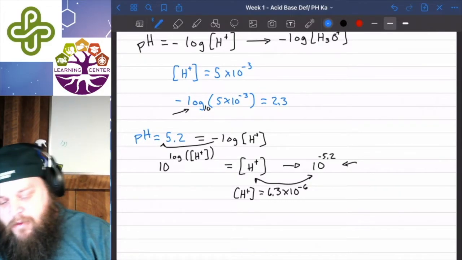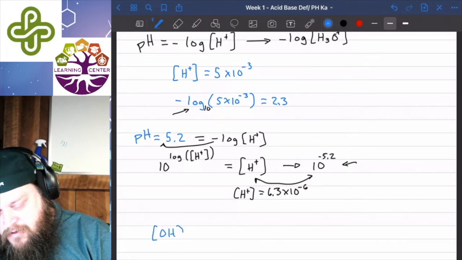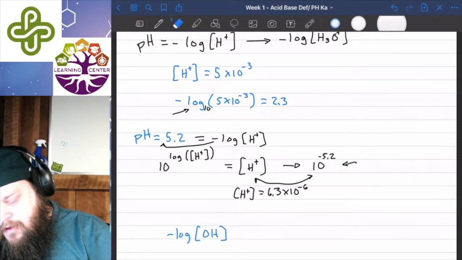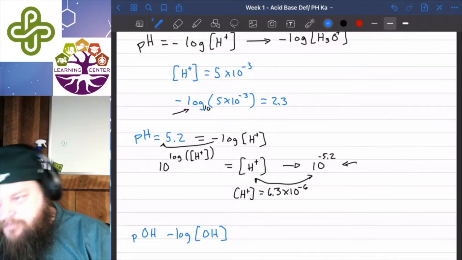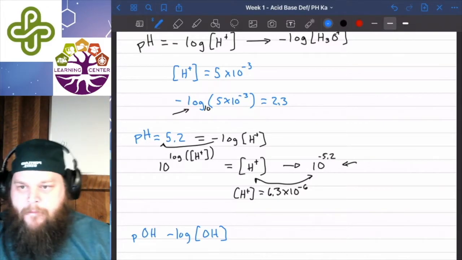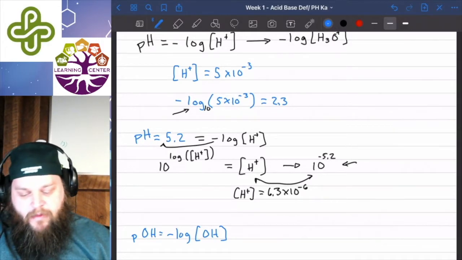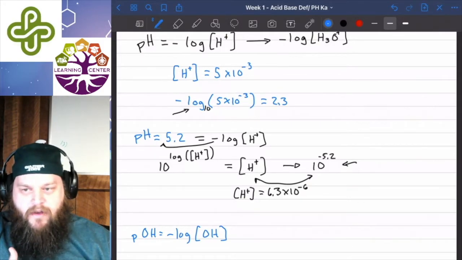We can also do that with hydroxide instead. So taking the concentration of OH, if I say negative log of that, this is all going to equal what we call pOH. And that's the same idea. We can get that pOH equal to the negative log of the concentration of hydroxide.